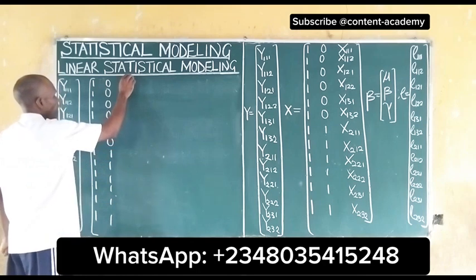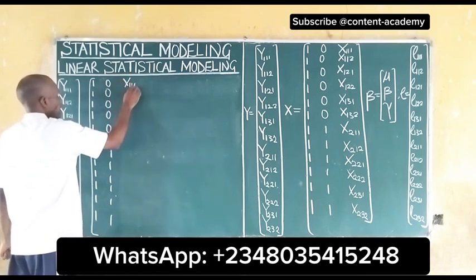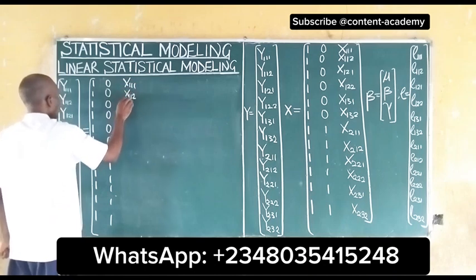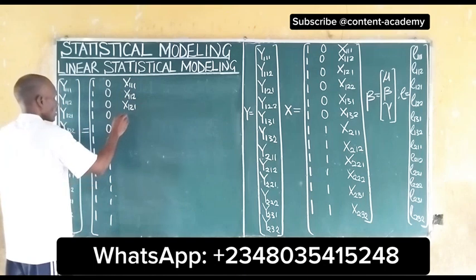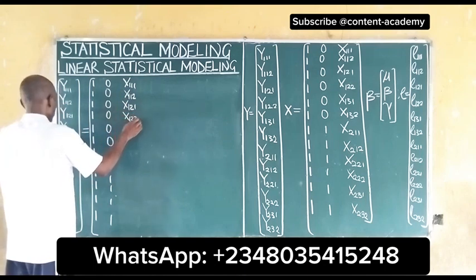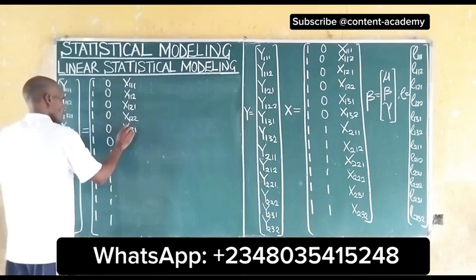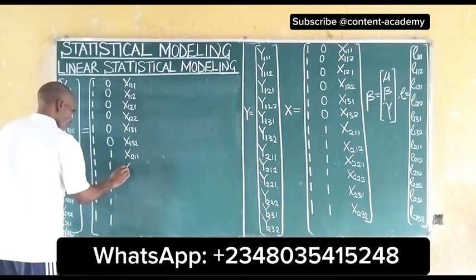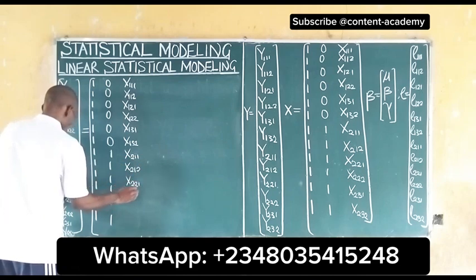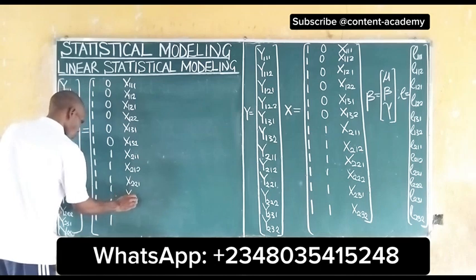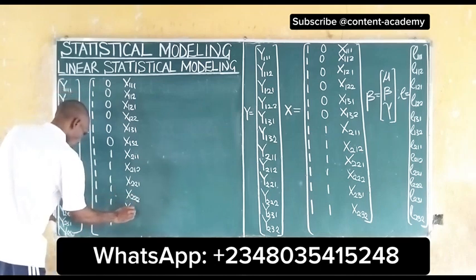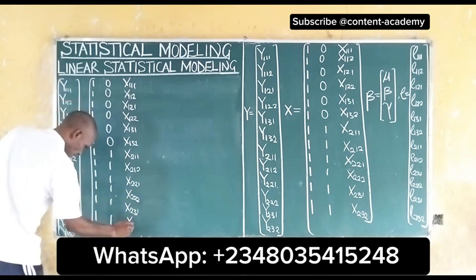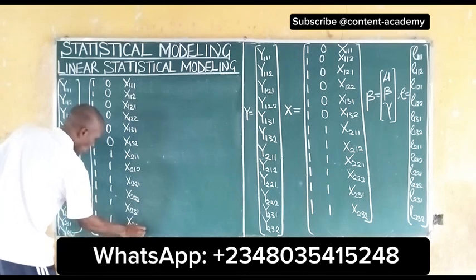For the x values, we have x 1,1,1, x 1,1,2, x 1,2,1, x 1,2,2, x 1,3,1, x 1,3,2, x 2,1,1, x 2,1,2, x 2,2,1, x 2,2,2, x 2,3,1, and x 2,3,2.